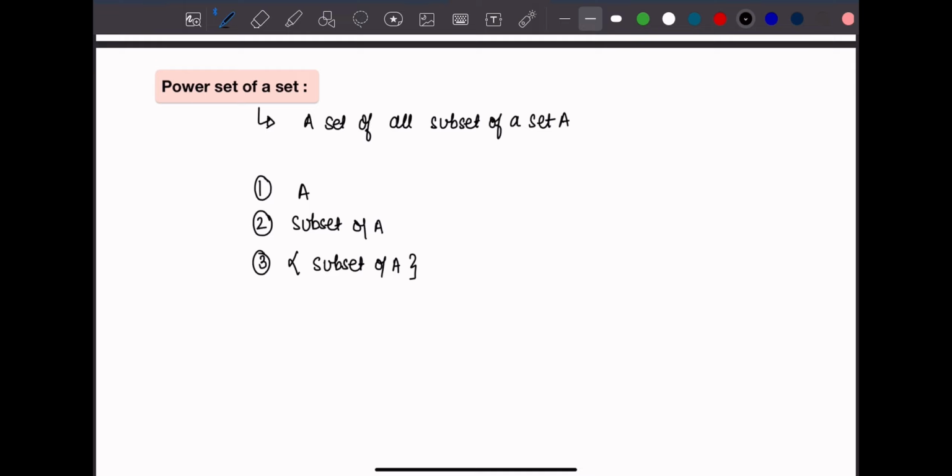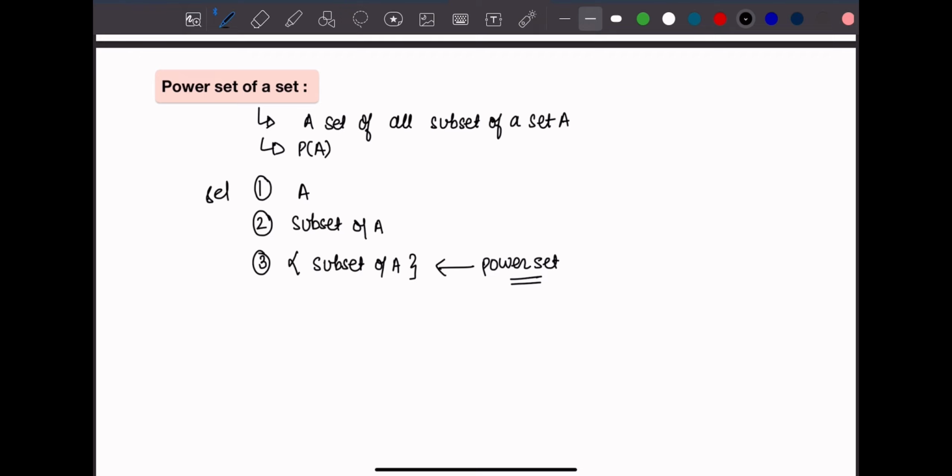So this one is our power set. Power set of A is denoted by P(A).